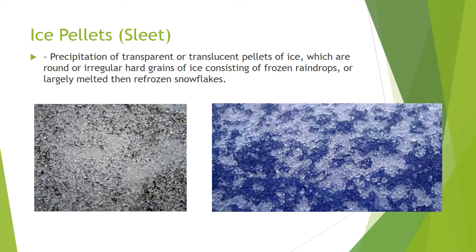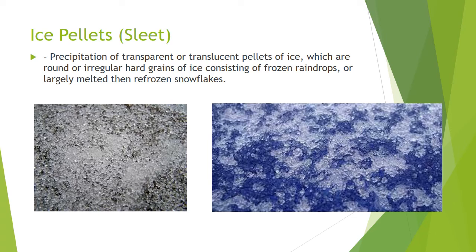We have this ice pellet or the so-called sleet. So, precipitation of transparent or translucent pellets of ice, which are round or irregular hard grains of ice, consisting of frozen raindrops or largely melted, then refrozen snowflakes. Di ba, we have discussed a while ago na precipitation can be form of rain, snow, or melted.